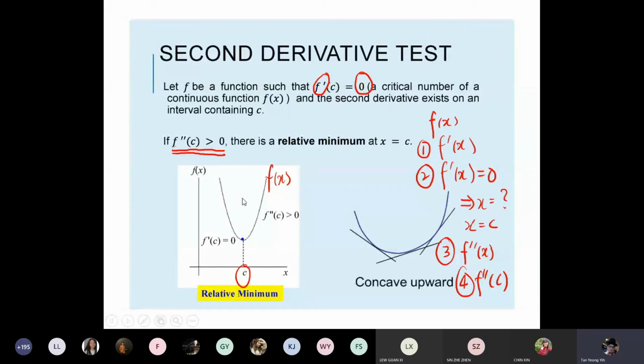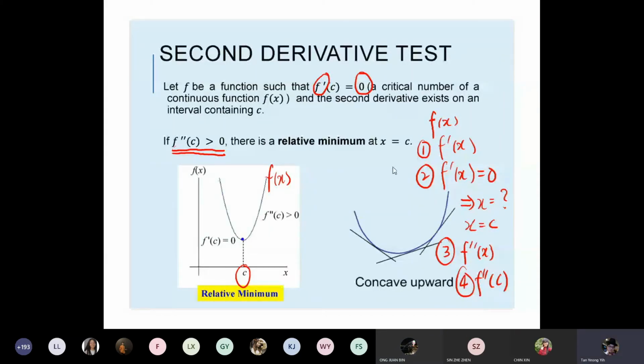We say the graph is concave up, and this point is the relative minimum point. Any questions here? Student, are you with me? Yes. Okay, thank you.